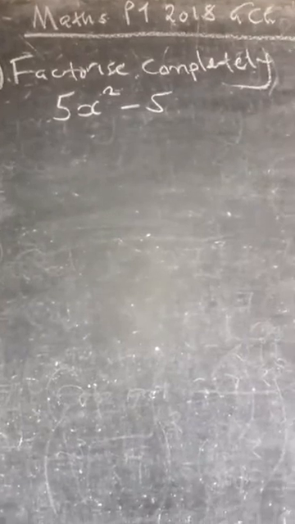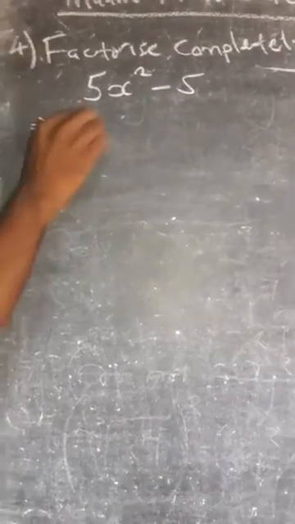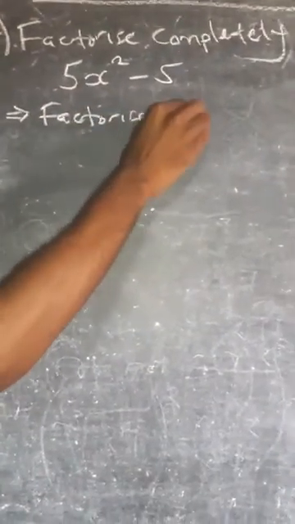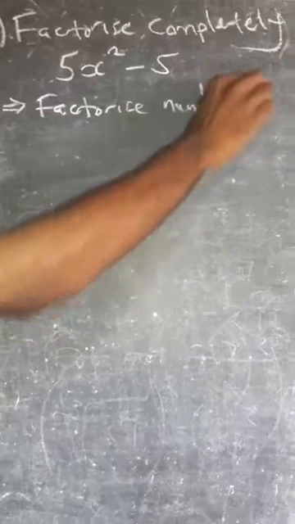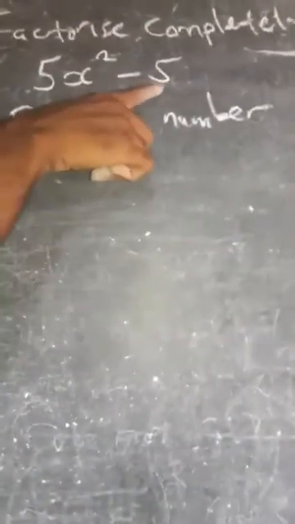So number 1, you first factorize any number that might be common. There's 5 there, there's 5 there.